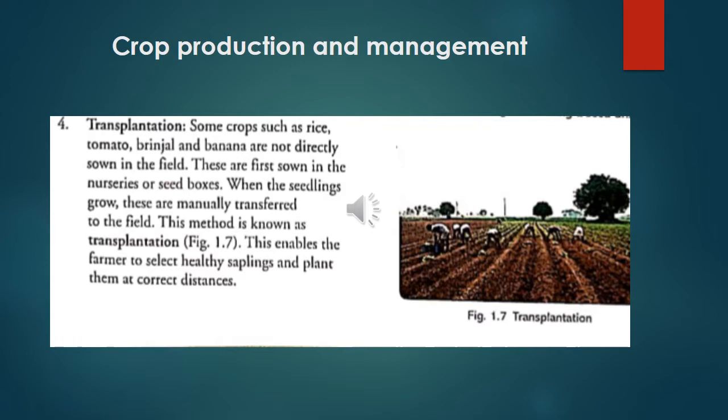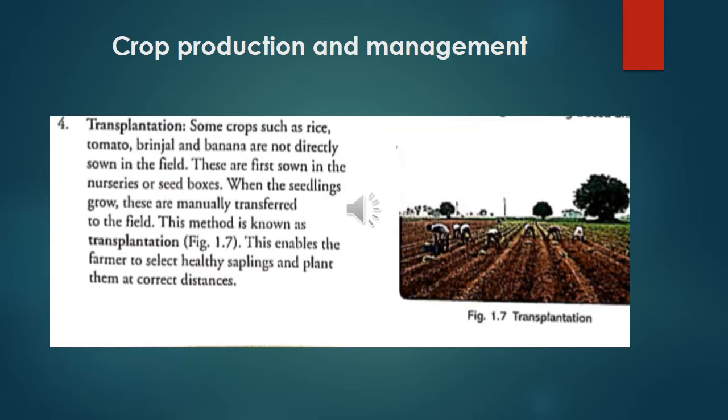Some of the crops like rice, tomato, brinjal, and banana are not directly sown in the field because their young plants can be affected by the environment. So these are first sown in the nursery or seed boxes.